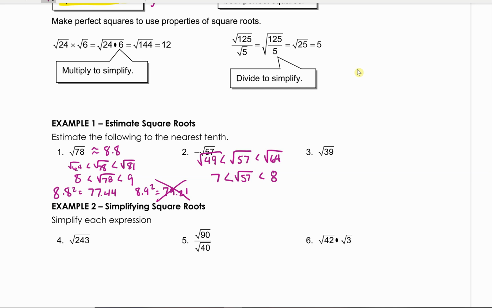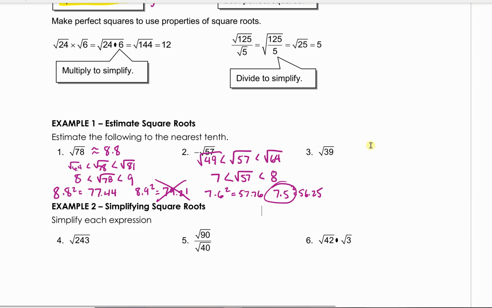Actually, 7.6 squared is too high. 7.6 squared is 57.76. So let's try 7.5 squared. We get 56.25. So actually that one is probably a little bit better. But that's basically the idea.